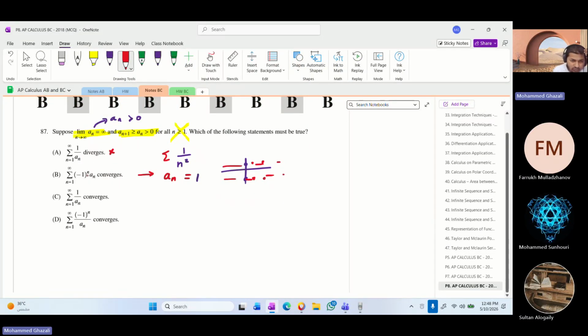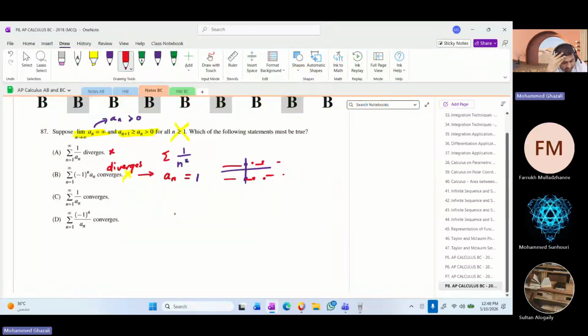So this is also out because this diverges. I'm providing counterexamples, okay? 1 over a_n converges. What about this one now?